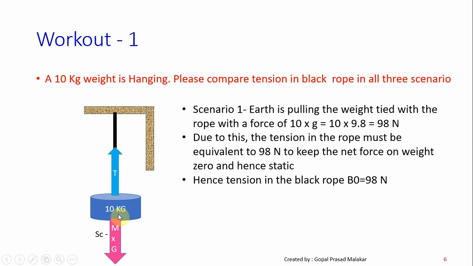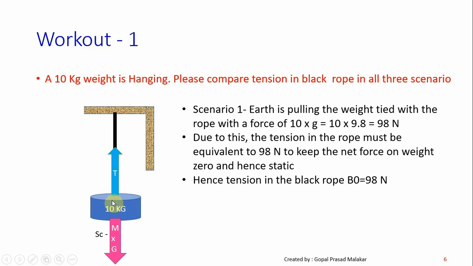So this object is pulling 98 Newton downward, and that is action, and the reaction is an equivalent amount on this weight but in the reverse direction. So in one sense, this 98 Newton gets transferred from here to here if the weight of the rope is negligible.